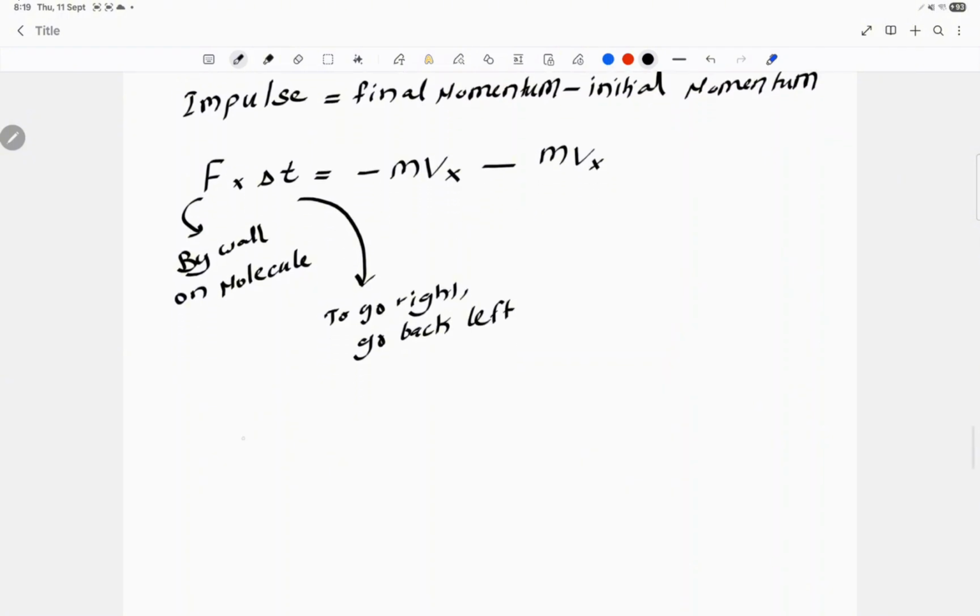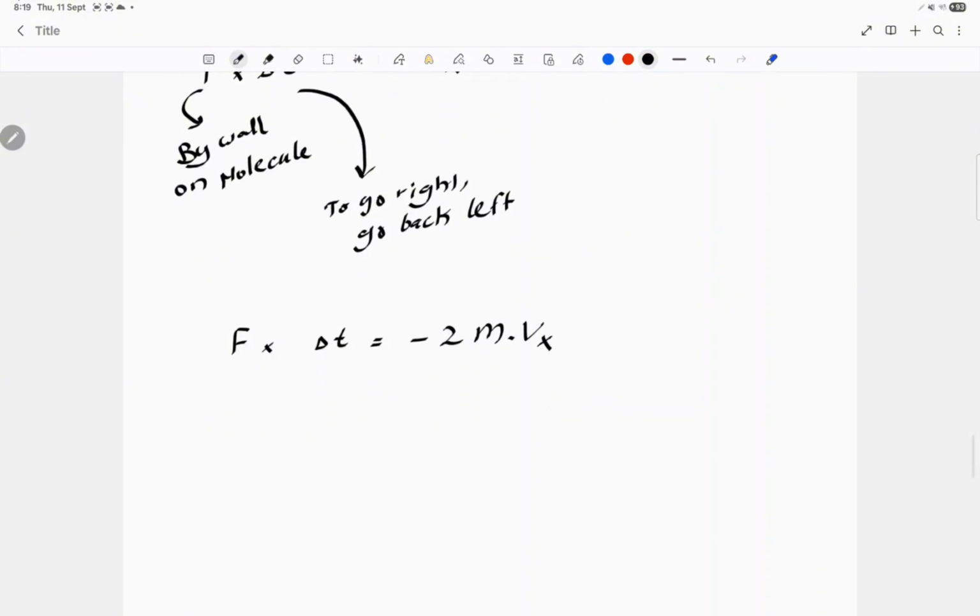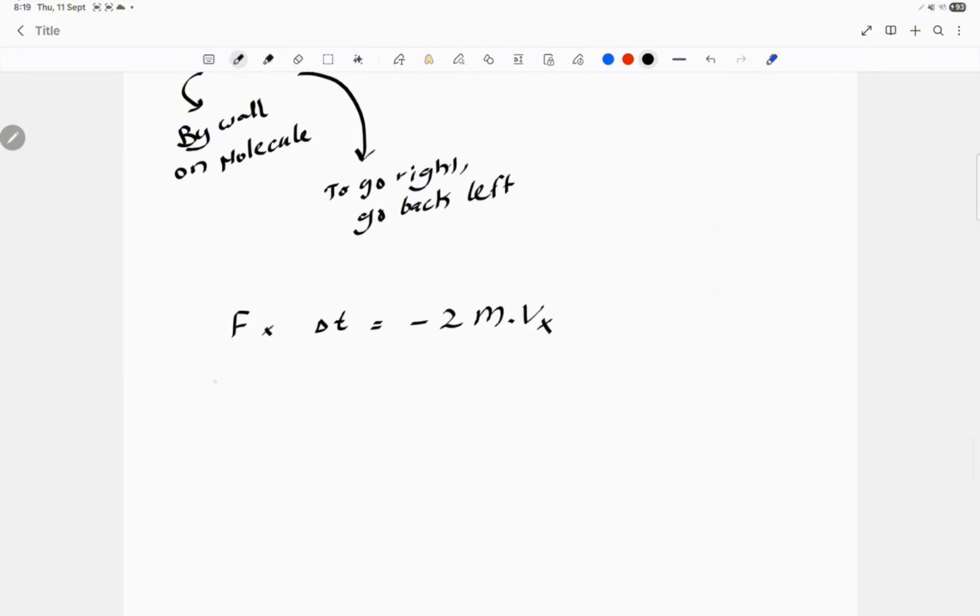Now let's simplify the right side. So we have F times delta t is equal to negative 2 mvx. And now we can say that this is the force of the wall on the molecule.